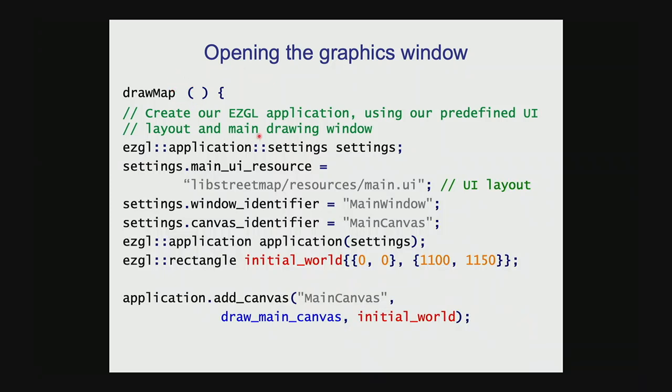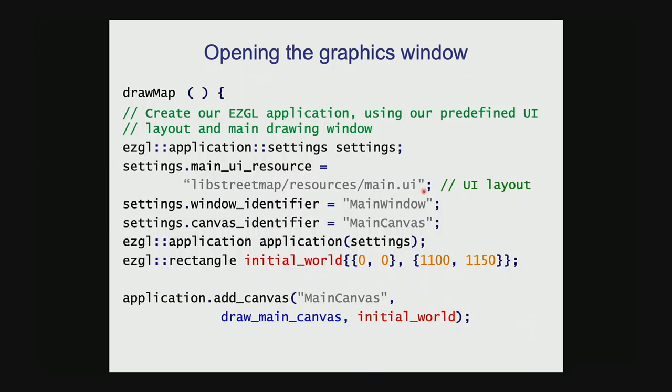Okay, so what you need to do in this function is to first create an object called settings. It's an ECE297 object. And in this settings, you specify several things about the window that you're going to load. In the skeleton code we've provided you with a UI file called main.ui.